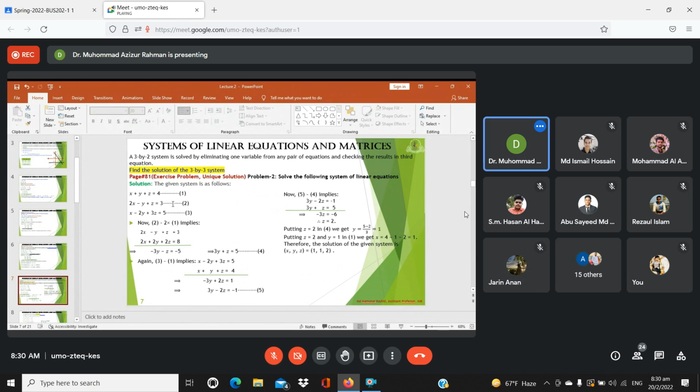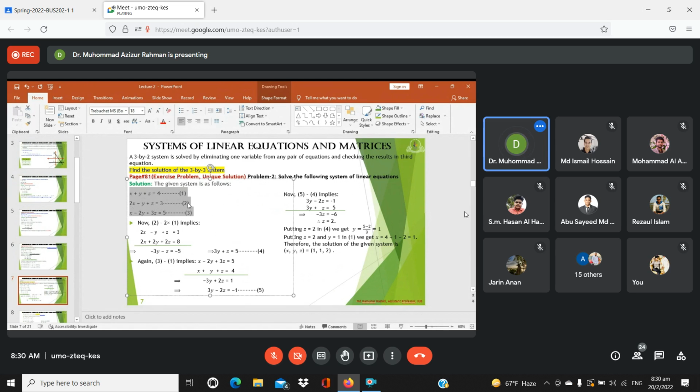Okay. Now you can see there are three equations. The first one: x plus y plus z equals 4. This is the first equation. Second equation: 2x minus y plus z equals 3.